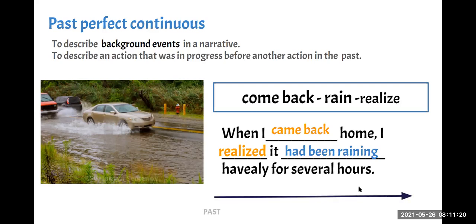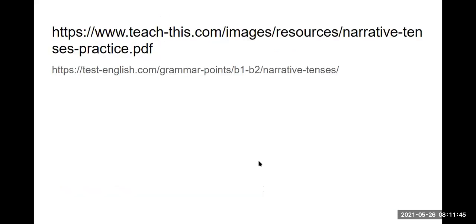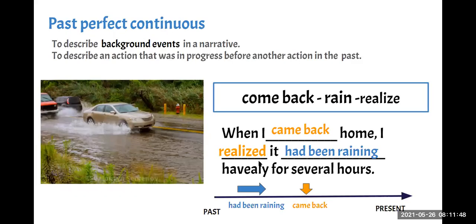As you can see in the timeline again, this is an action in progress, right? It had been raining before he came back home. So this is the difference: it's an action in progress that happened before another action in the past. Here you have some links to practice this.